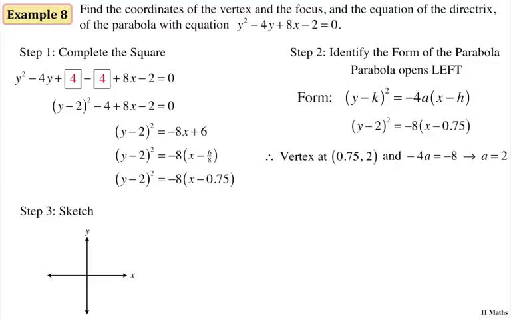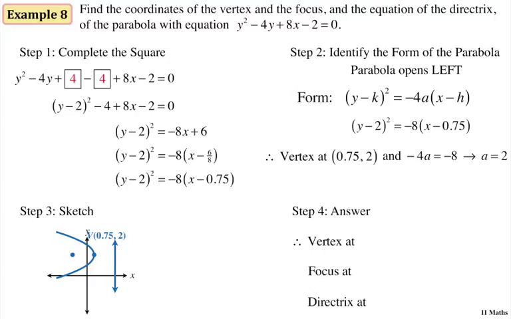So I need to go to 0.75, comma 2. I know it opens left, which means the focal length is 2. The focus must be to the left and the directrix must be to the right. I know the vertex. How far is it from the vertex to the focus?